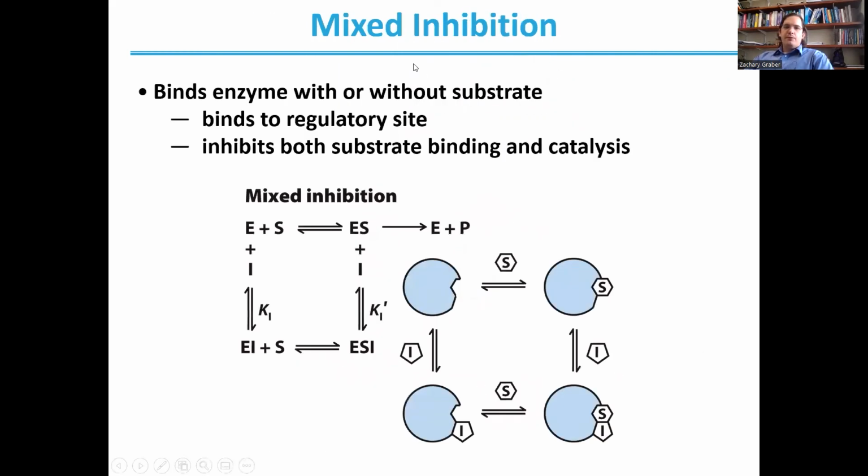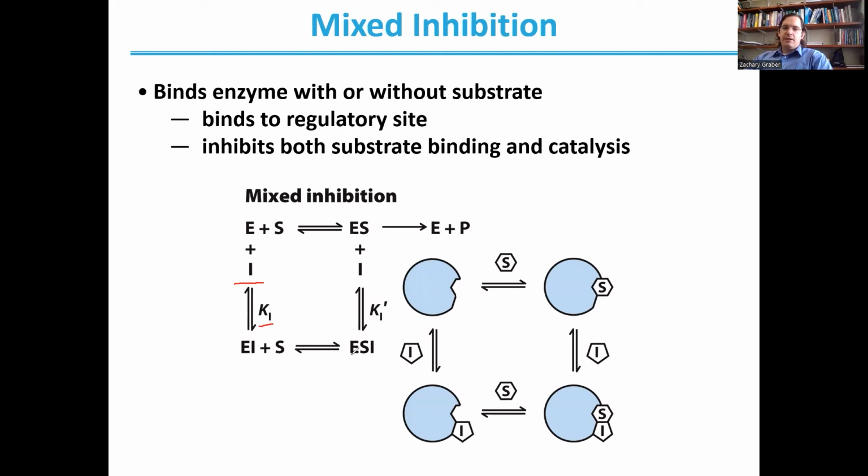Now, as with most questions in biochemistry, it's often not just one simple answer of either competitive or uncompetitive. We have a lot of inhibitors that will be mixed inhibitors, where they can bind to the enzyme with or without the substrate, and they can influence both the binding of the substrate as well as the activity of the enzyme substrate complex. So with the mixed inhibitor, it can bind to our free enzyme, and we would have an equilibrium constant for that process.